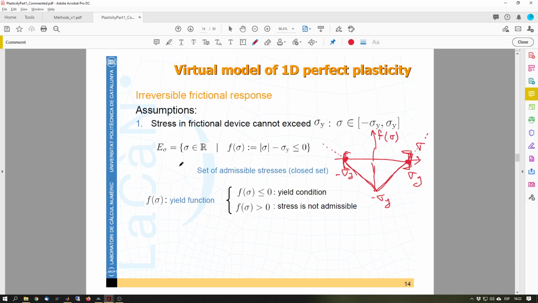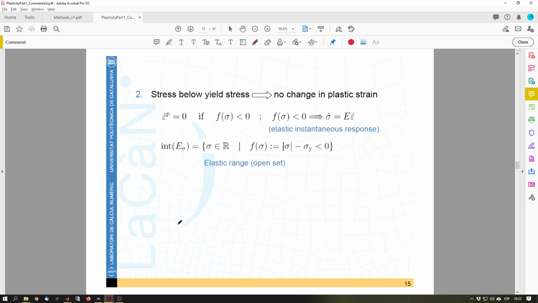This is just defining our admissible domain through a function. Now the boundary of our domain is the values of the stresses such that f of sigma is equal to 0. The boundary of my domain is these two ends here, where the function vanishes, and that's where different variables take different values. That's why I want to distinguish that.